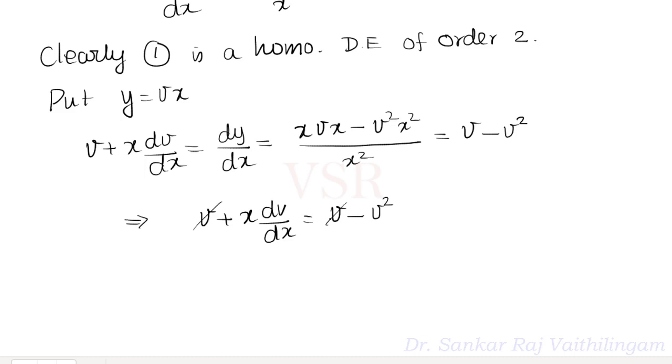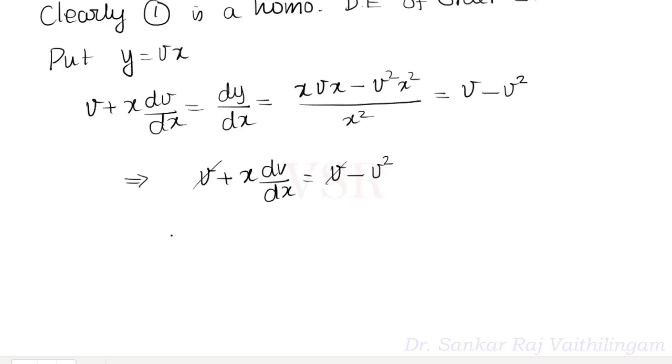Okay. So what we are having is this implies that dv இந்த மைனஸ் அங்க வச்சுக்கிறோம். v square மட்டும் கீழே வச்சுக்கிறோம். Okay. அப்போ dv divided by v square which is equal to minus dx divided by x.